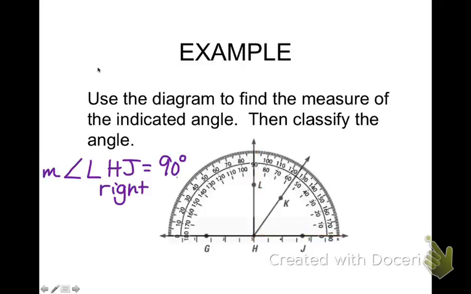Bless you. All right, next one. Find the measure of angle GHK. So GHK. That means we're starting at G, going to H as my vertex, going up through K. How many degrees is that?